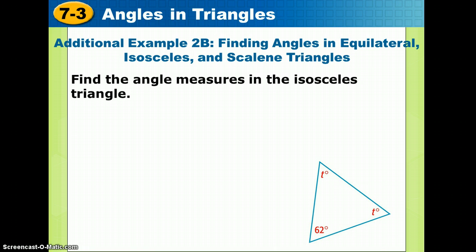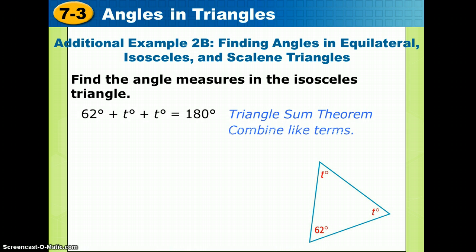If they let us know it's an isosceles triangle, by definition, that means we have two congruent sides and two congruent angles. So again, using the triangle sum theorem, add t plus t plus 62, or 2t plus 62 degrees, and that should equal 180.